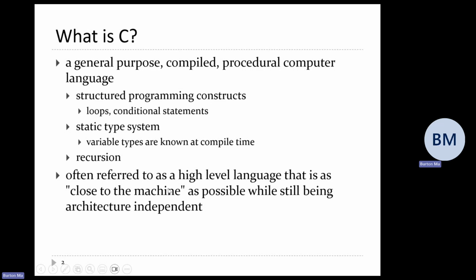C is often referred to as the high-level programming language that is, quote-unquote, as close to the machine as possible. What that means is that the abstractions you get in C generally map onto machine instructions that your CPU can perform natively. For example, C provides a type called int, which represents an integer value.